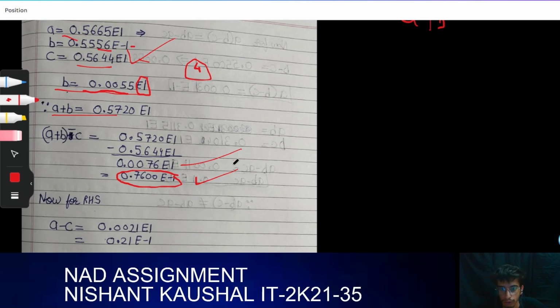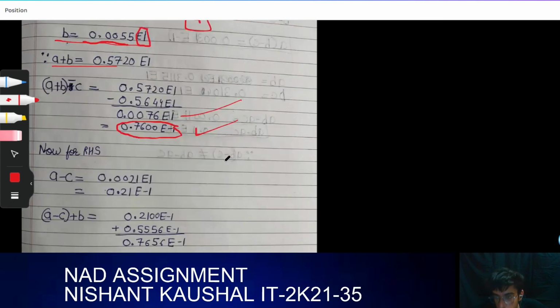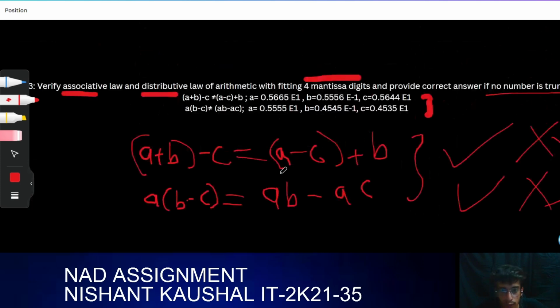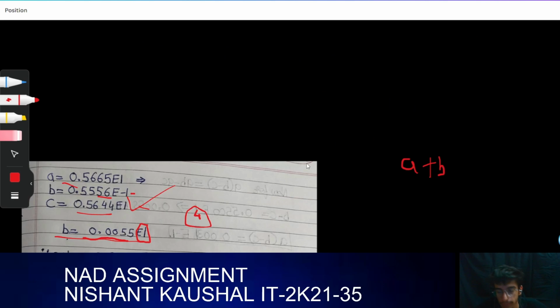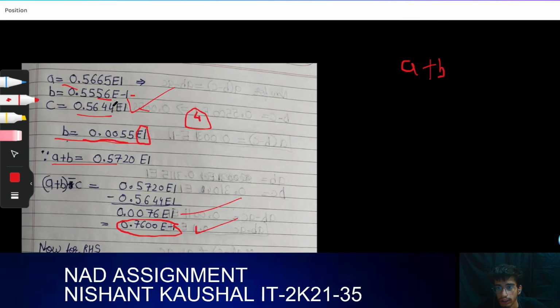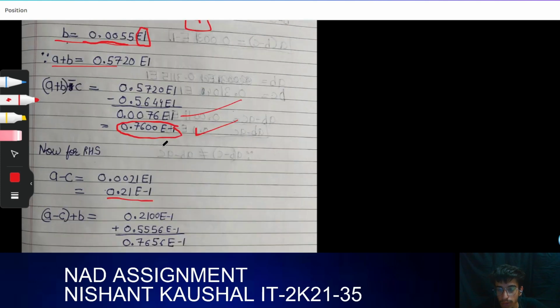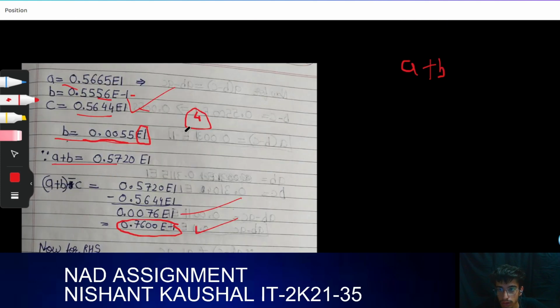Whether it will be of use or not, we will see ahead. Now we have to do what? A minus c. So a minus c will be 0.21 e raised to the power minus 1, right?